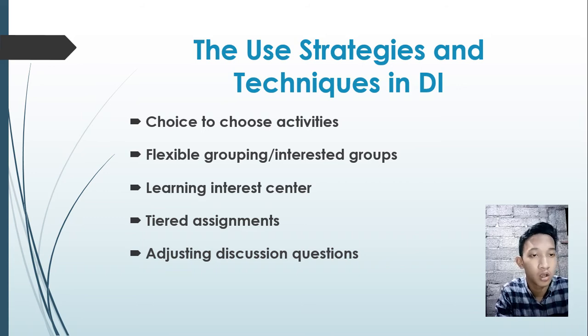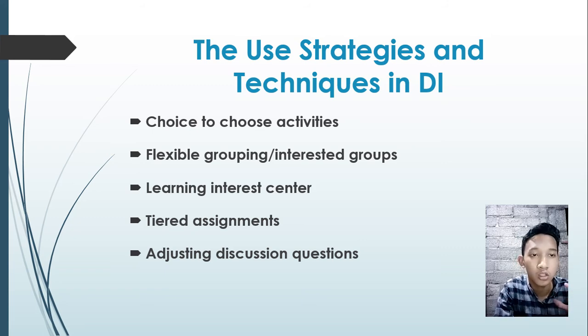After choosing the topic based on student interest, we use tier assignments, which are for the learning process. Tier assignments means tier activities in the learning process. This strategy helps the teachers work with students in a small group, but they also do independent study based on the topic of personal interest.